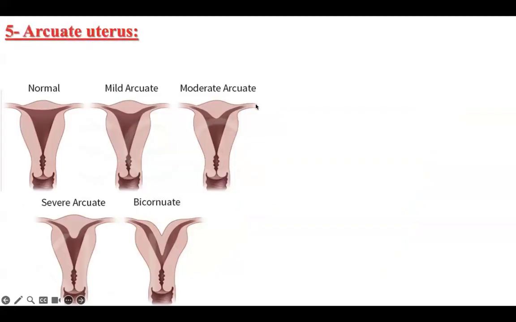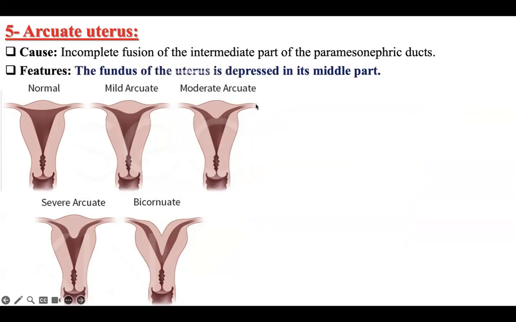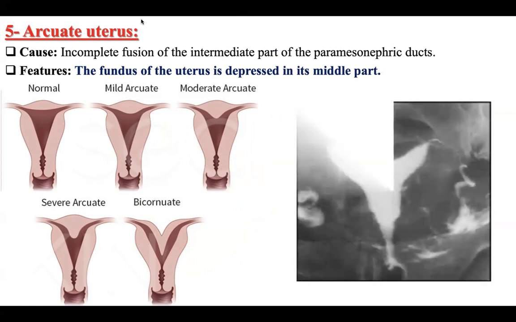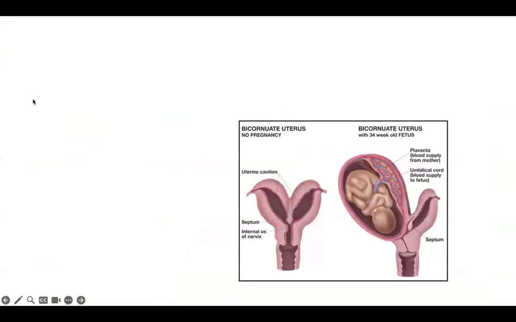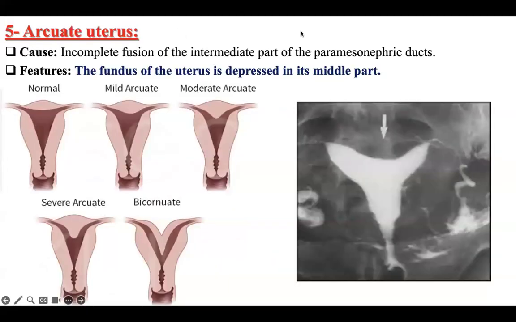Okay, what else? Arcuate uterus. Arcuate uterus also has a problem in the middle part of the paramesonephric duct. Arcuate means the fundus is depressed in the middle. Where is the fundus? This is the fundus of the uterus in a normal case.